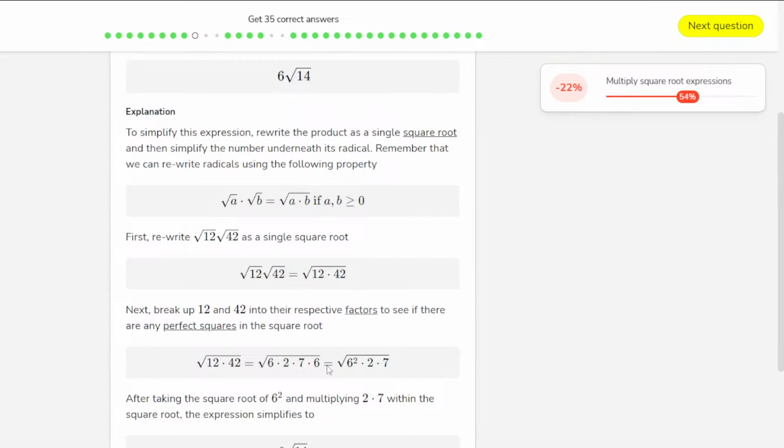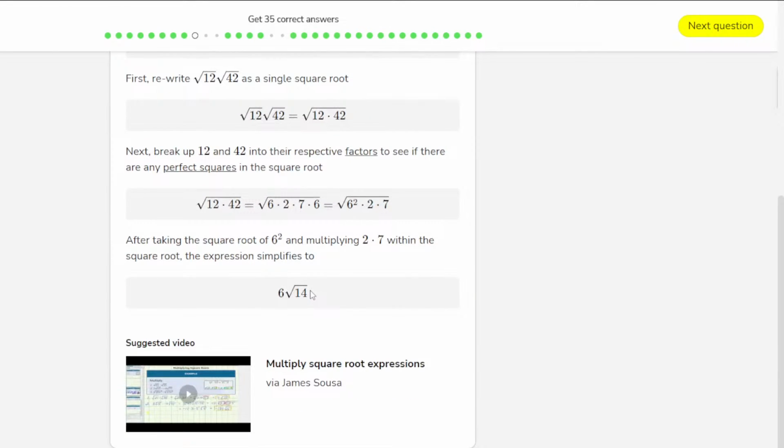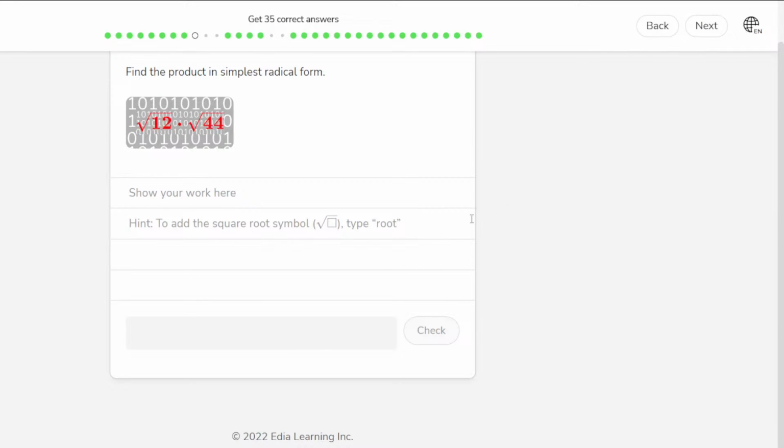6 to the 14. Okay, so... Oh. Okay, you can just rewrite it as a... Okay, so it's going to be the square root of 12 times 44, which is also the square root of 2 times 6 times 4 times 11, which is also the square root of 2 times 6 times 2 times 2 times 11.